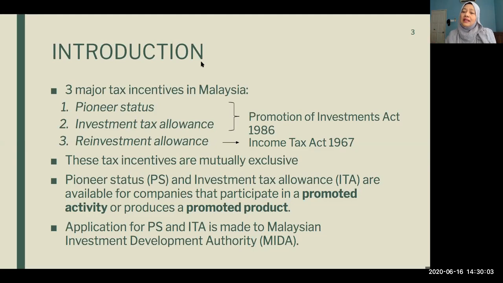Then the approval is actually by MITI, the Malaysian International Trade and Industry, something like that. So they are the ones who give approval. So the approval is from MITI, the application is to MIDA. These are the administration parts of the tax incentive.